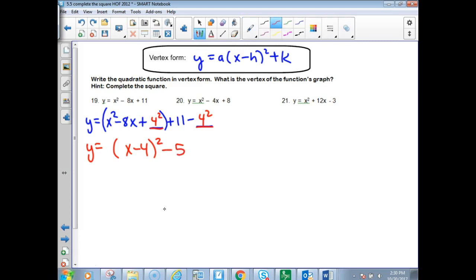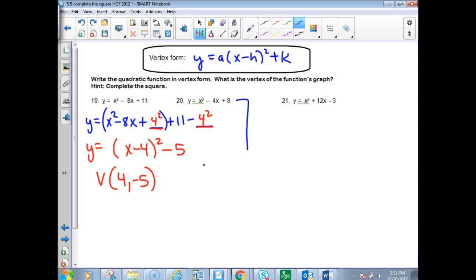And look, there you go, vertex form. So the vertex is (4, -5) for that parabola. We're going to be ready to graph now. Wasn't that bad, right?